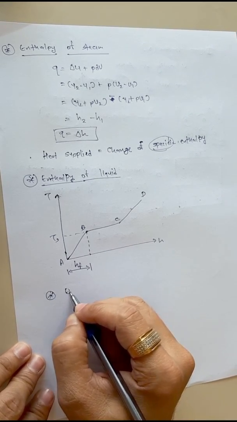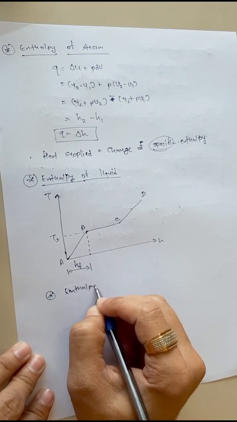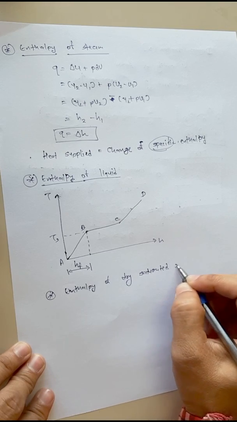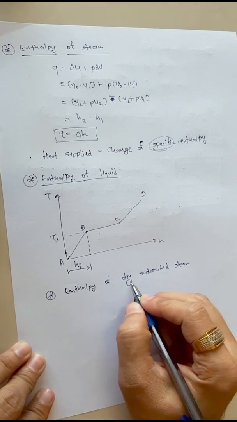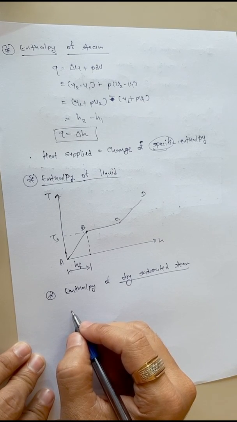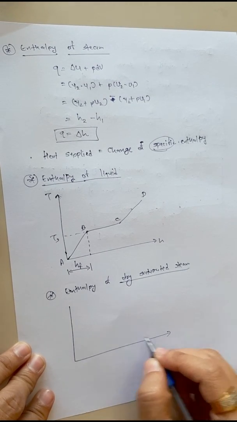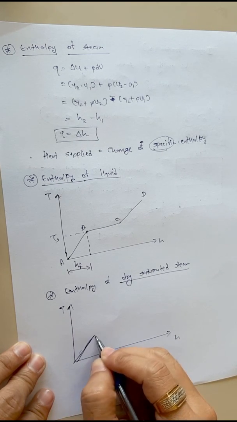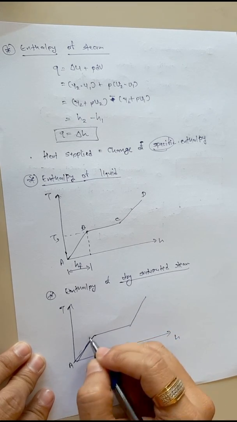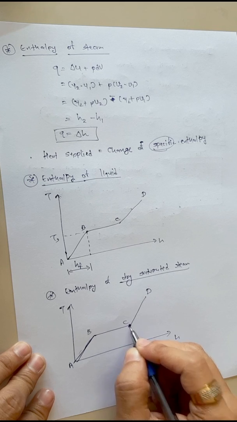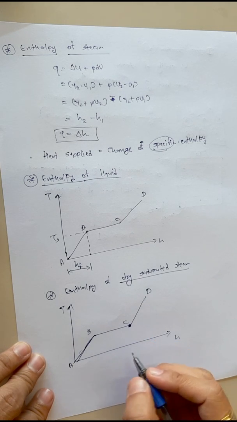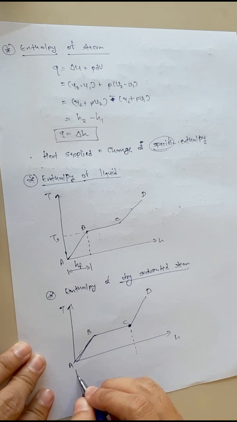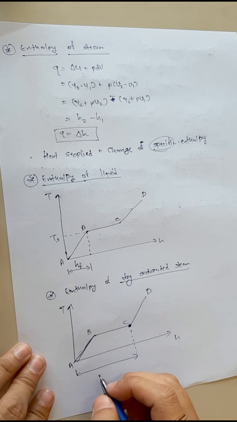Next, enthalpy of dry saturated steam. In the T-H plot, dry saturated steam is present at point C. So that is the enthalpy of dry saturated steam.